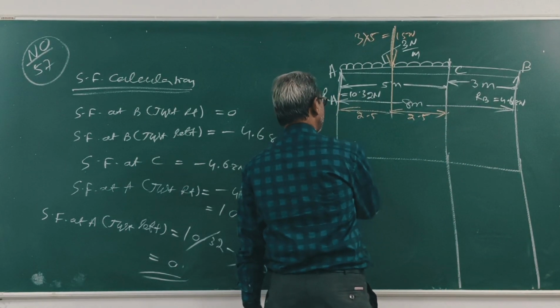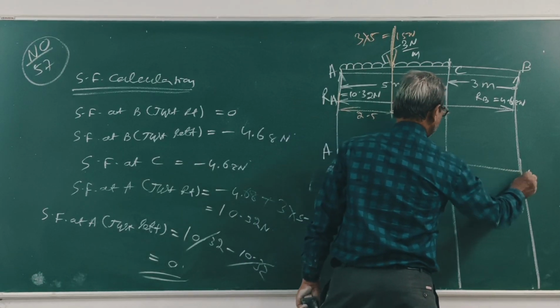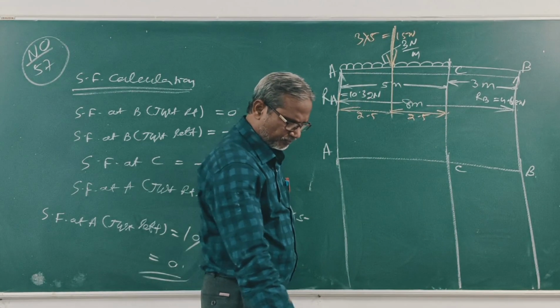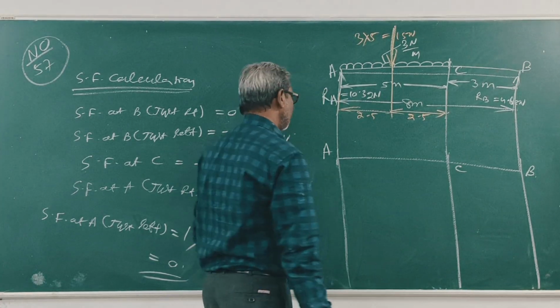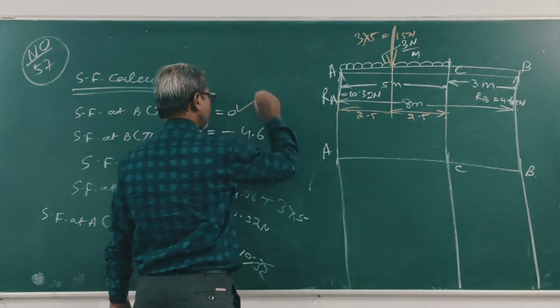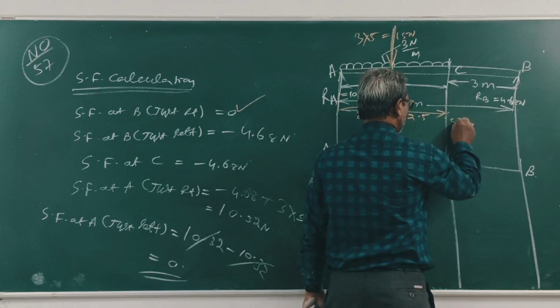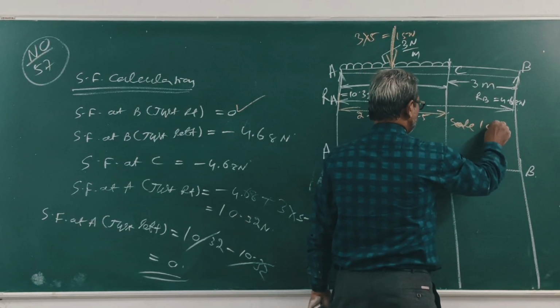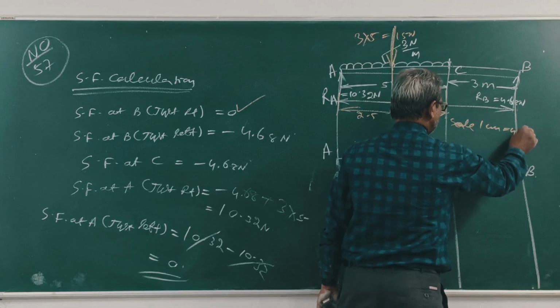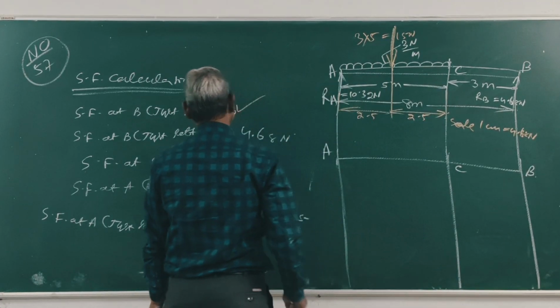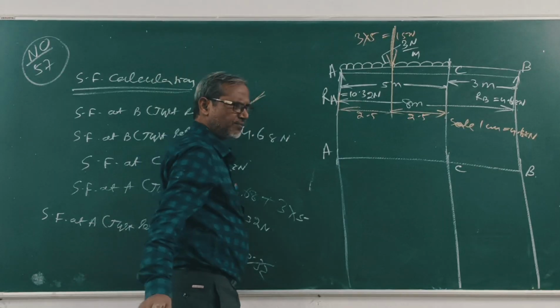A, C, B. At B just write 0. Scale 1 cm is equal to 4.68 Newton. Take scale. B write 0. Clear?